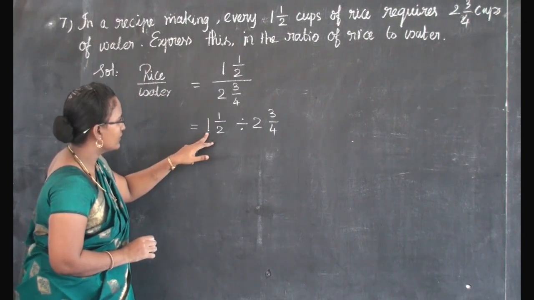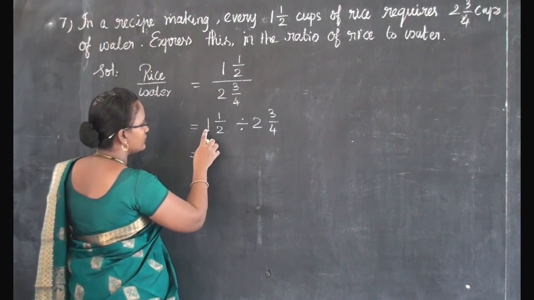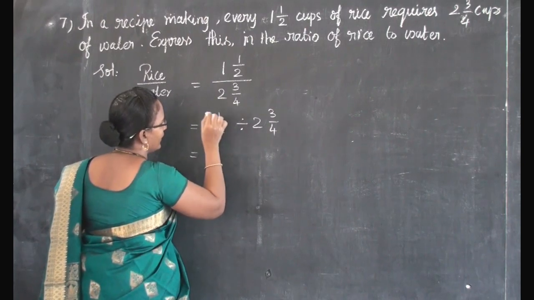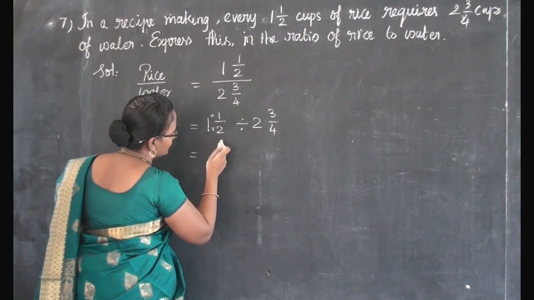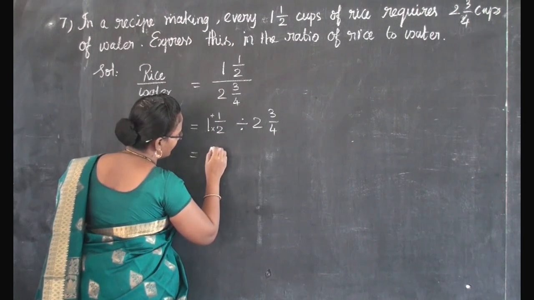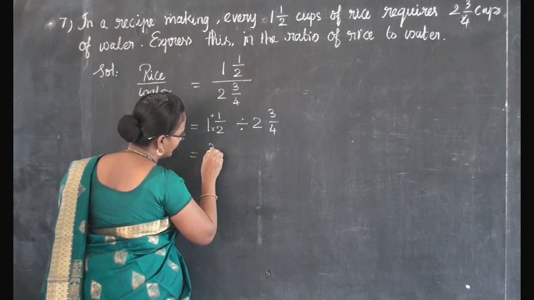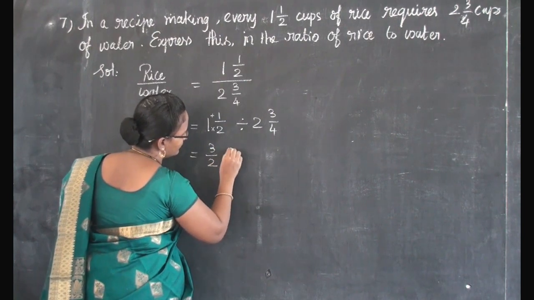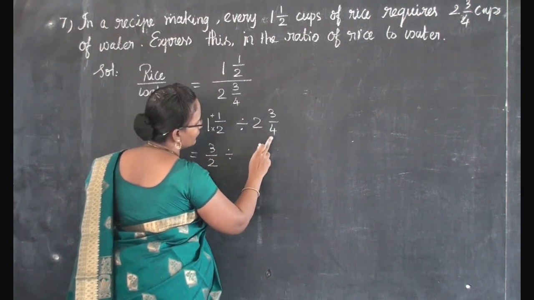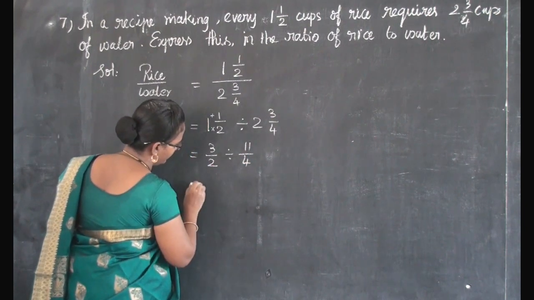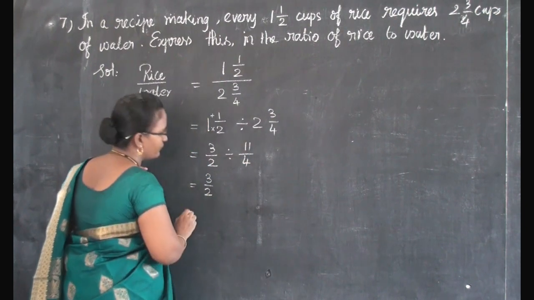Listen here. It is in mixed fraction. So change into improper. Multiply those two numbers and add them. 1 into 2, 2 plus 1, 3 by 2 divided by 2 4s are 8 plus 3, 11 by 4. 3 by 2 in fraction.